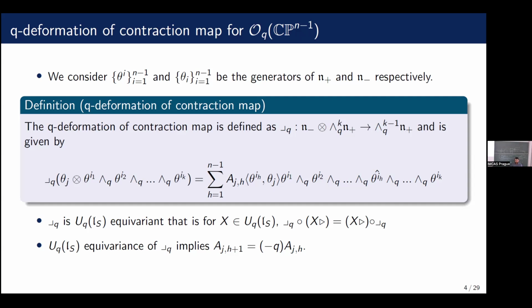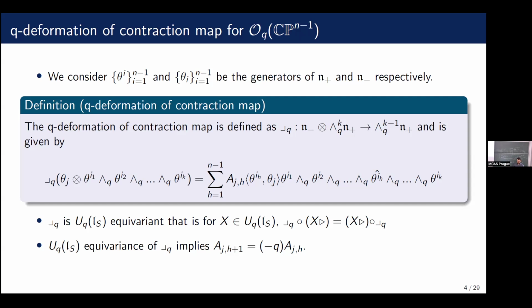So first of all, you can show this is U_q(l) equivariant. By the way, whatever I will talk about, in the first or second part of my talk, I will mostly talk about the equivariance of U_q(l) on most of the maps. So here the contraction map is U_q(l) equivariant.